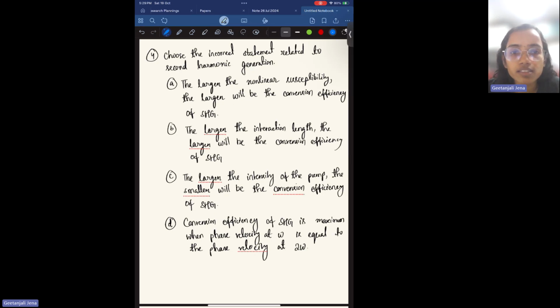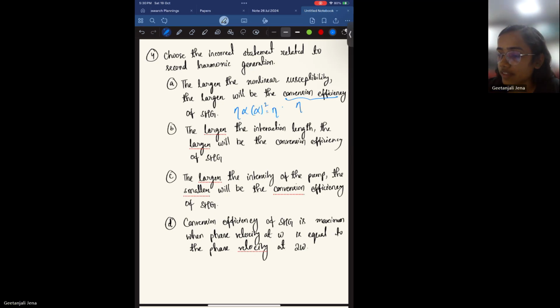The first one is, the larger the nonlinear susceptibility, the larger will be the conversion efficiency. This we have already seen. If you recall, the conversion efficiency eta is directly proportional to chi2 square.